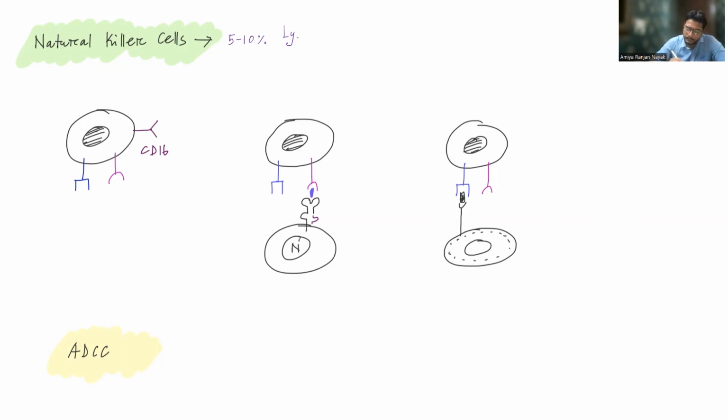Okay, and they are going to identify and kill the abnormal and stressed cells. And what is the mechanism? How can they actually help clear all these cells? Those things we will discuss now.